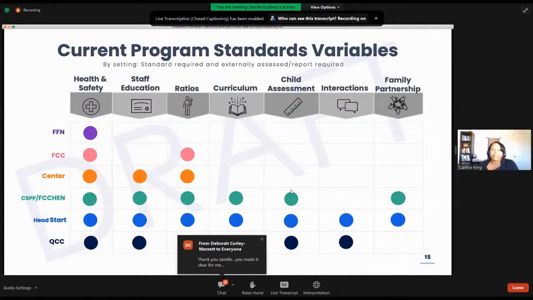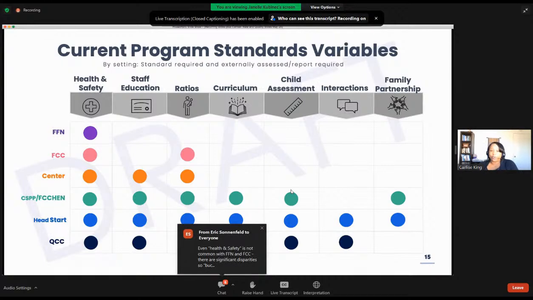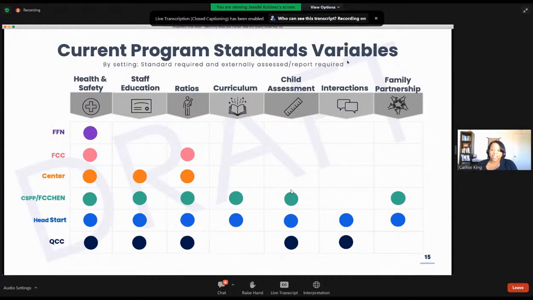So that's absolutely right, Janelle. And I would just add that part of it is to clarify that previously the estimates and the payment rates weren't connected to any of these requirements or standards. So as we move forward, we want to be mindful of what the current standards are, but also think about what goes in the base and what might go into something more of an adjustment factor.